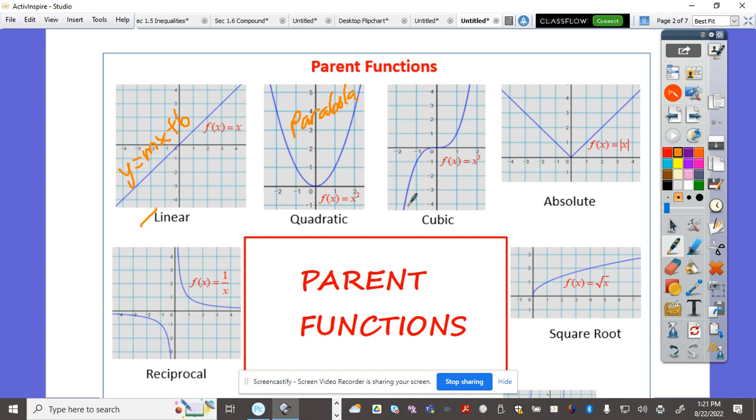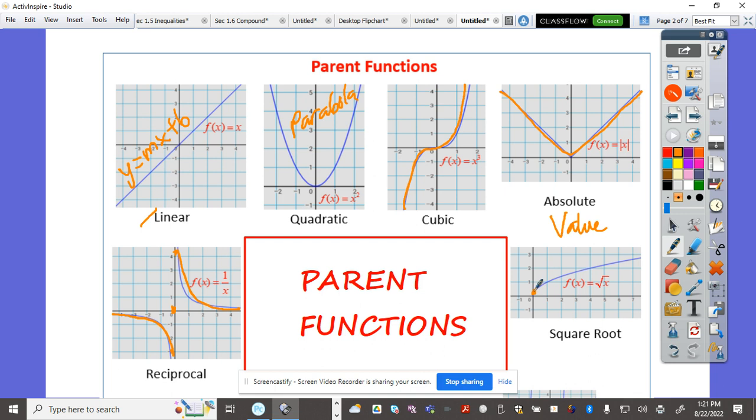A cubic is like an S, but it's not. Absolute value looks like a letter V shape. We have also the reciprocal function or the rational function, wherein they're symmetrical with the origin. It's an odd function.